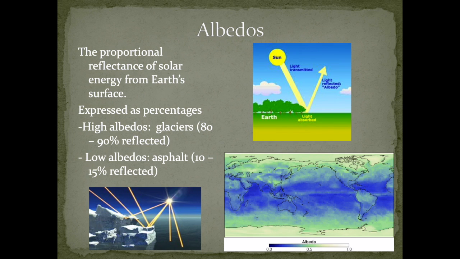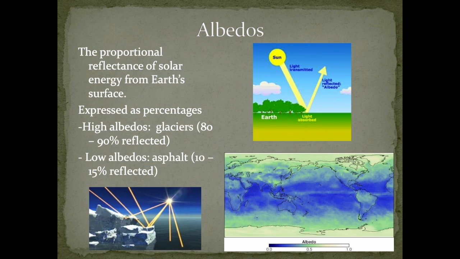When you think of open ocean, asphalt, dark colored material, now instead of reflecting 80 to 90%, you are absorbing 80 to 90%. Now, if you look at the graphic there of the planet Earth, you can see the blue areas. Well, guess what? That's where the heat is being absorbed, and the areas up at the north and south poles, those are the areas where you have the most reflectivity.